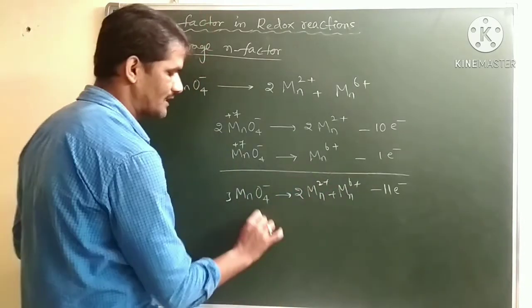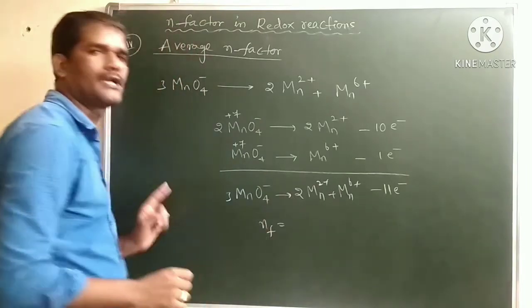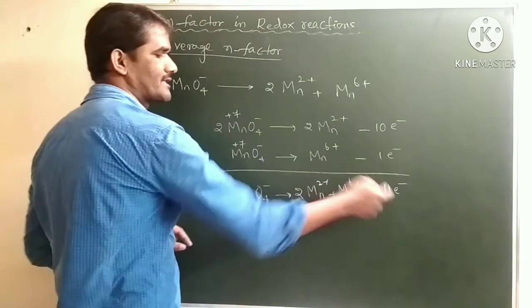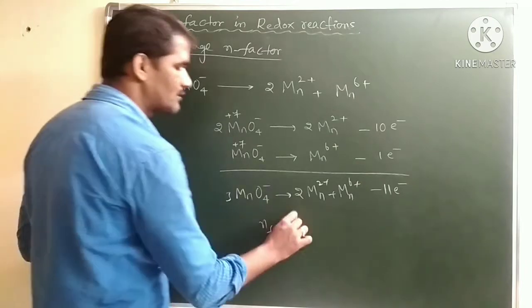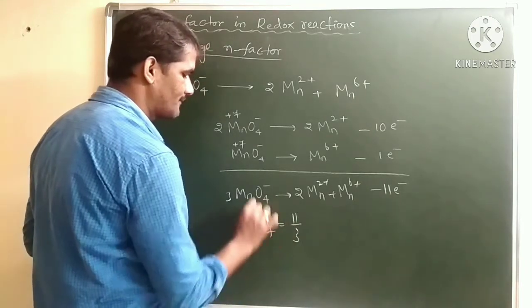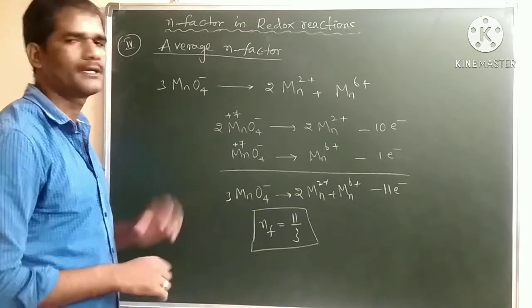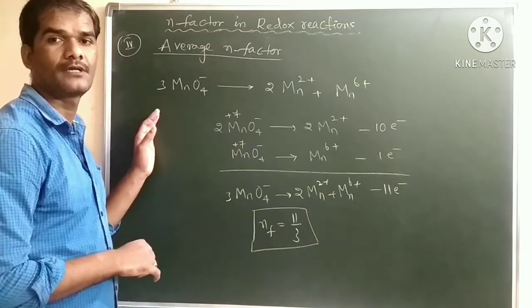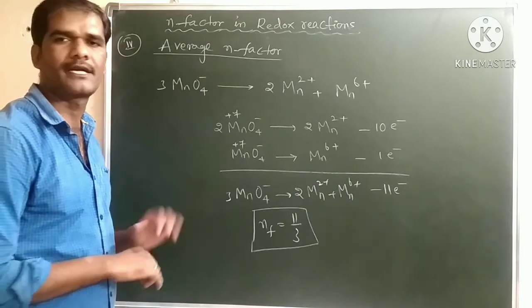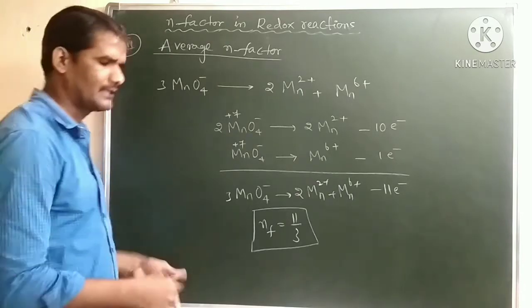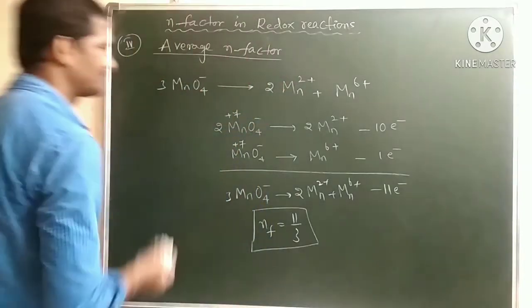So the resultant N factor per molecule: 3 molecules take 11 electrons, then 1 molecule takes 11 by 3. This is the N factor per permanganate in this case. Always, N factor depends on the reaction conditions. Let me take one more example.